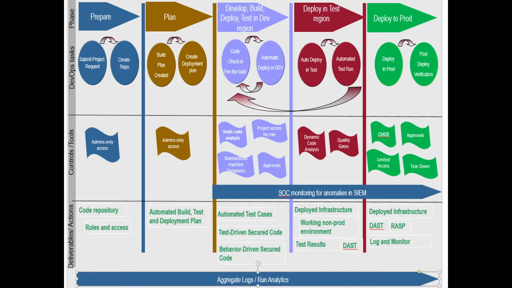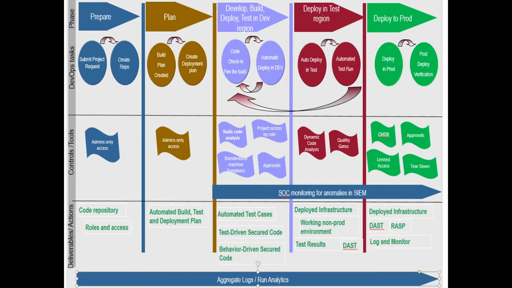For example, in prepare and plan, you can have some automation, or the project admin can create those projects, etc., depending upon the culture of the company and what deliverables are there. For example, automated test cases, right?